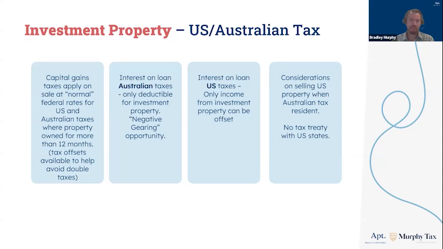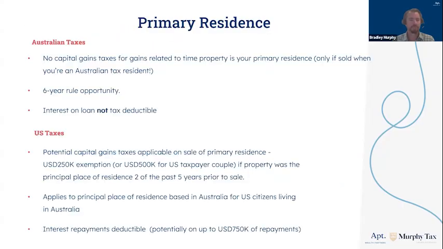There's also a 15% non-resident withholding tax that applies when you sell Australian property while living in the US. So normally it makes more sense to wait till you come to Australia before you buy and sell property, if you can.